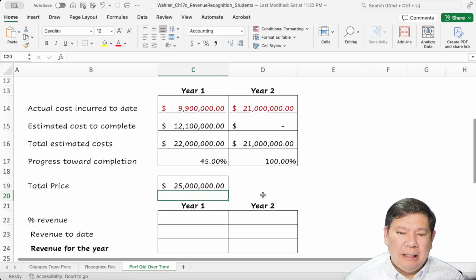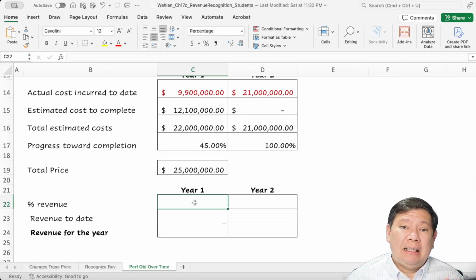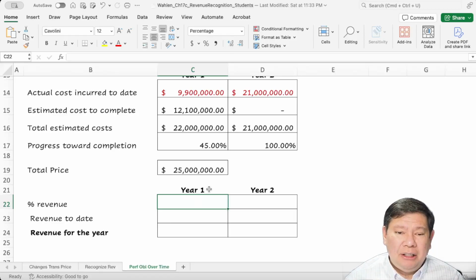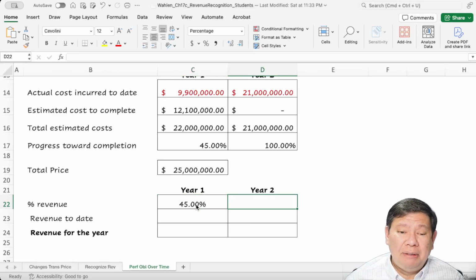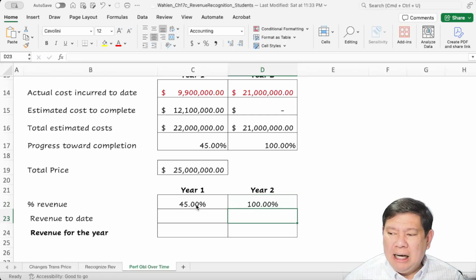Now the contract has a fixed price of 25 million. So the revenue should be recognized over time based on this percentage. In the first year, 45% of the total revenue should be recognized, and in year two, 100% of the revenue should be recognized.